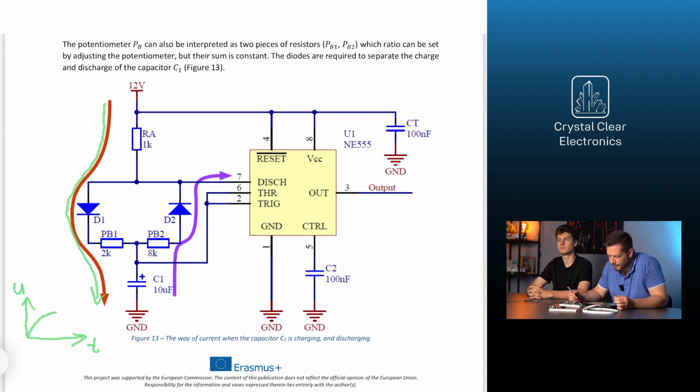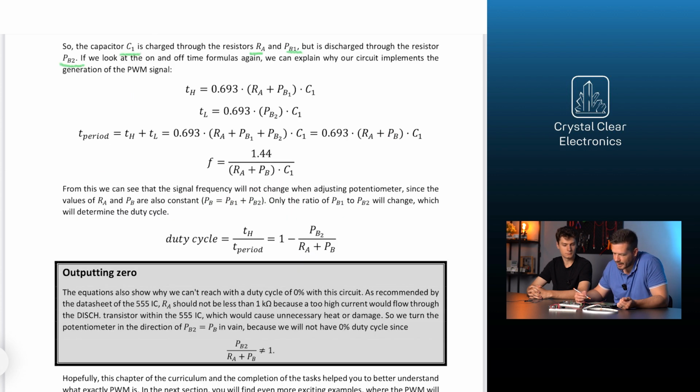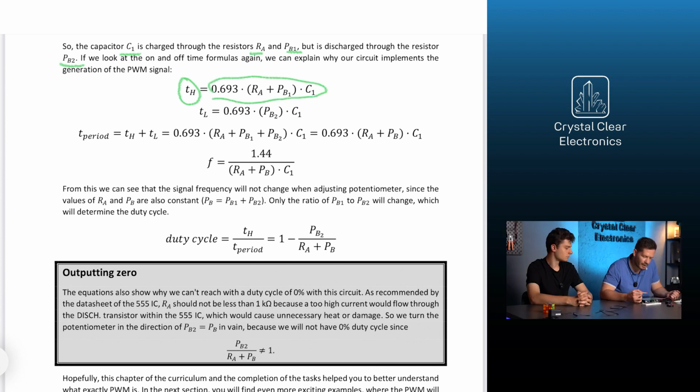If we look at the on and off time formulas again, we can explain why our circuit implements the generation of the PWM signal. The duration of TH can be calculated as 0.693 times (RA plus PB1) times C1. And the duration of TL can be calculated as 0.693 times PB2 times C1.